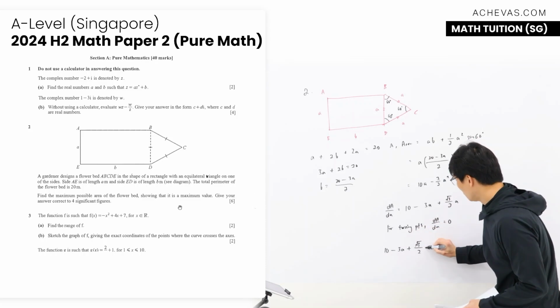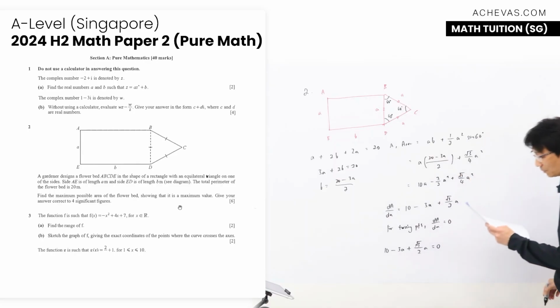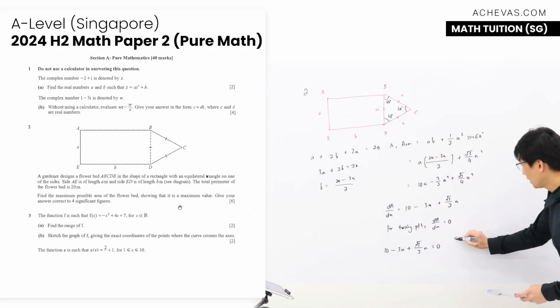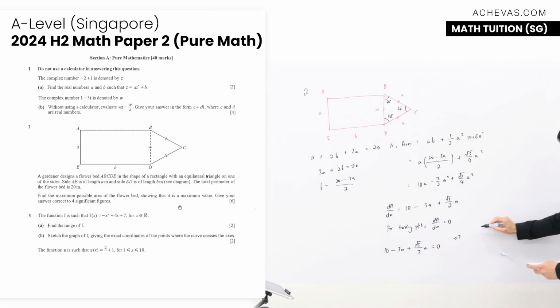From here, I will be able to get the value of small a that gives me the turning point. Expressing a in terms of the rest, I get a equal to 10 over (3 minus square root 3 over 2).